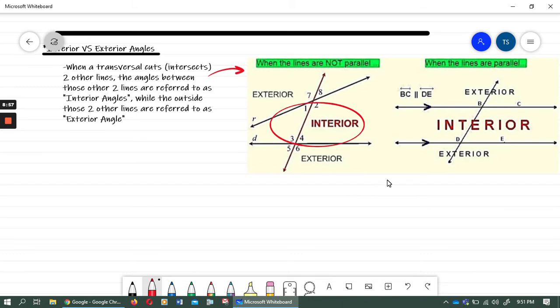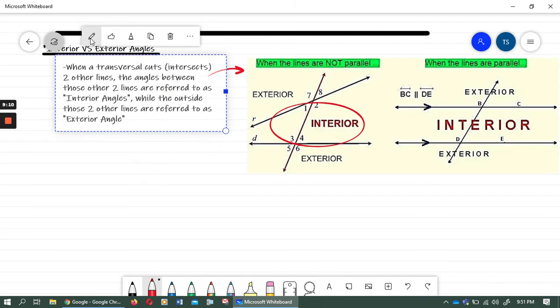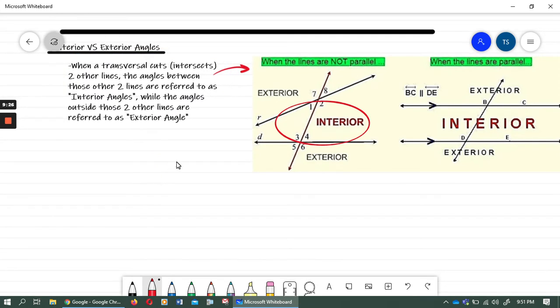And then of course, the exterior ones are the ones that are outside of those other two lines. The angles that are outside those two lines are referred to as exterior angles.